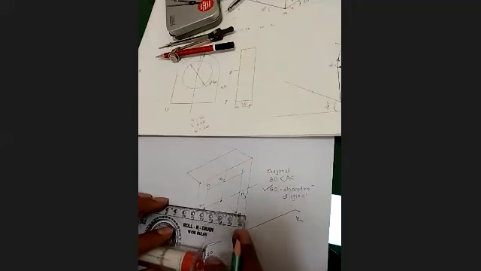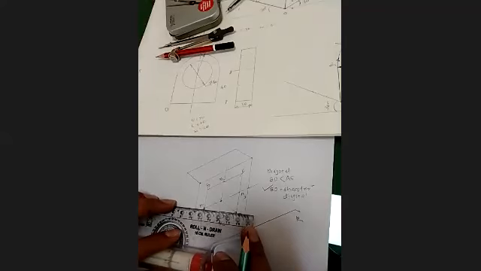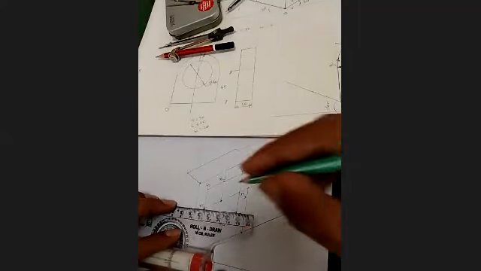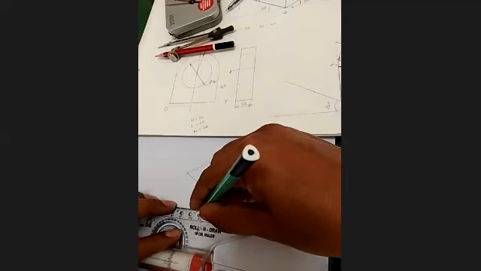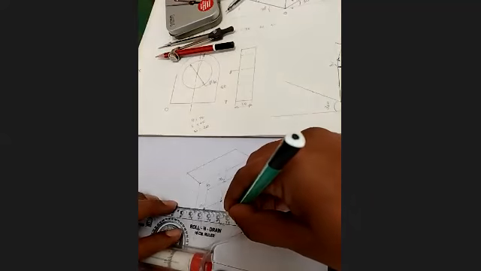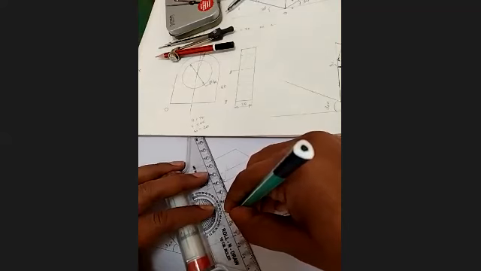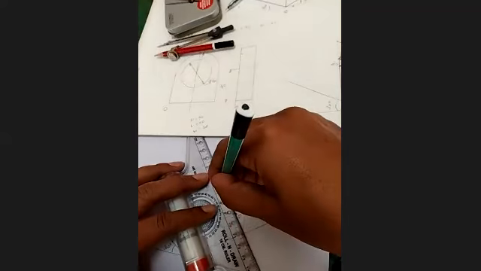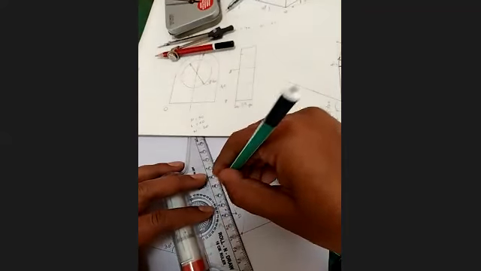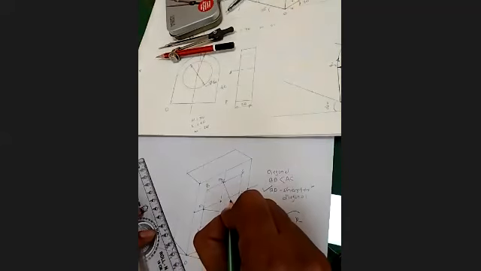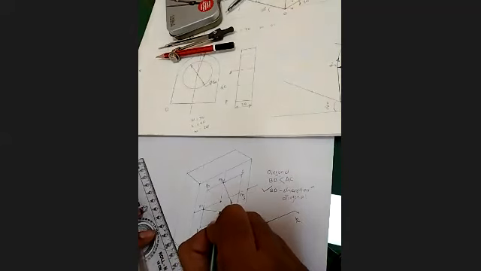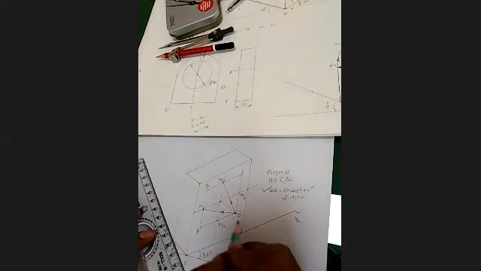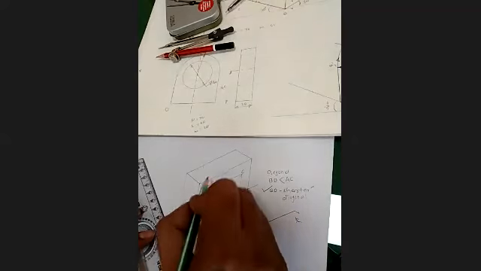M1 and M2, right? So do one thing. Take M1, join D point with M1 and M2. Okay. Join M1 and M2. This is the line which I had drawn. Okay. D to M1 and D to M2.